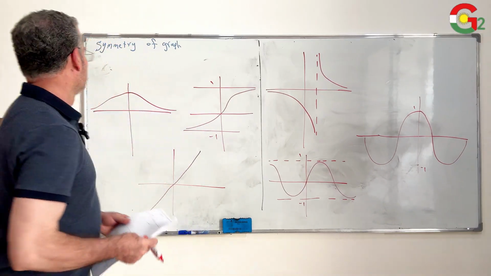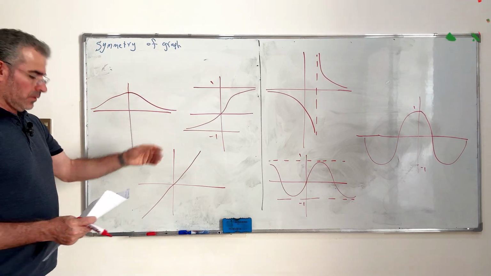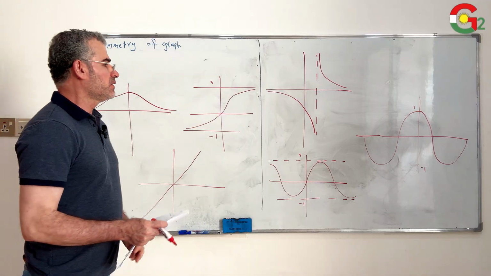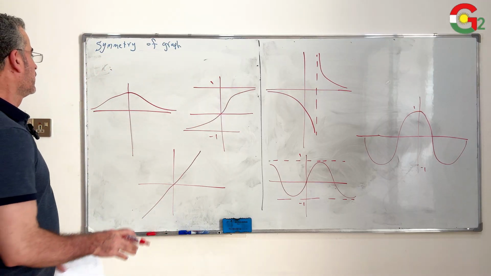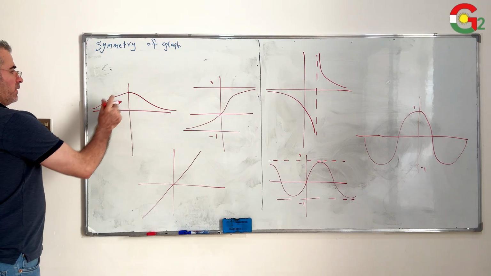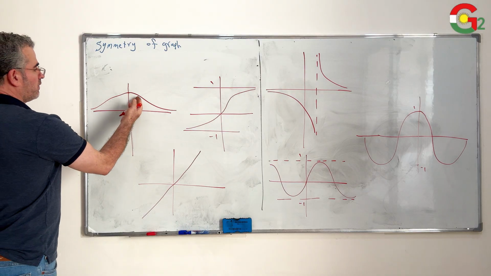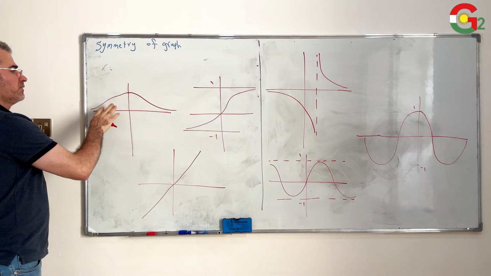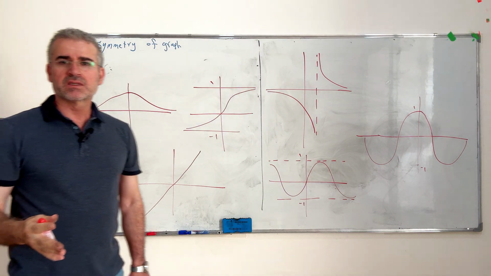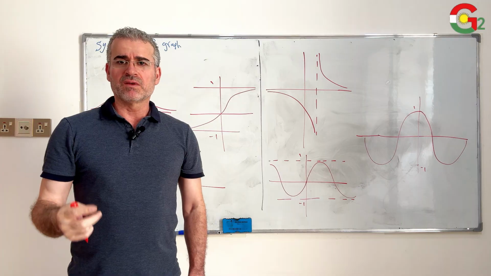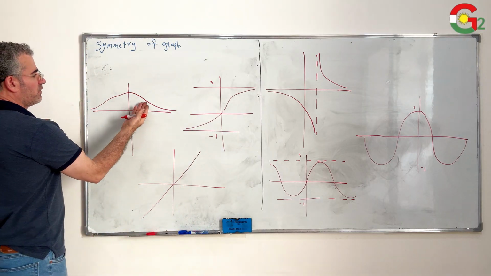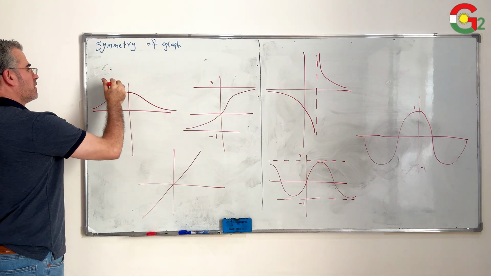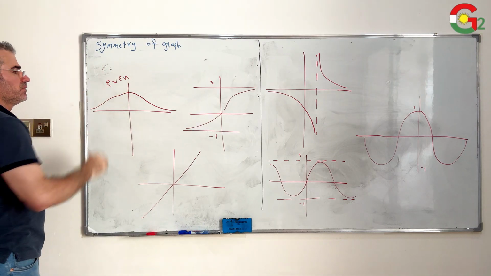Another example: determine whether each of the functions is even or odd graphically. Graphically, if I flip the right half to the left half and the two halves match, then this graph is for an even function.